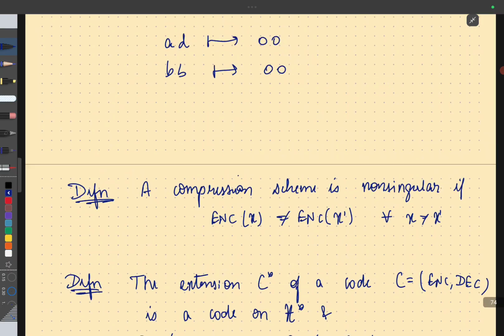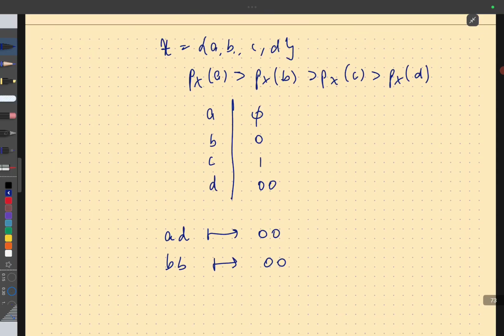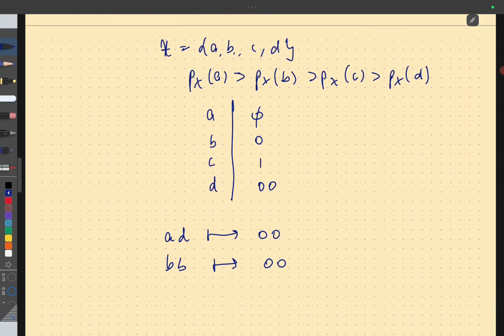So in this case, if we go back to the example of the optimal compressor, the optimal compressor is non-singular, but its extension is not non-singular. Its extension is singular, because even if I look at the length 2 extension, we see that two different pairs of symbols are mapped to the same code word.